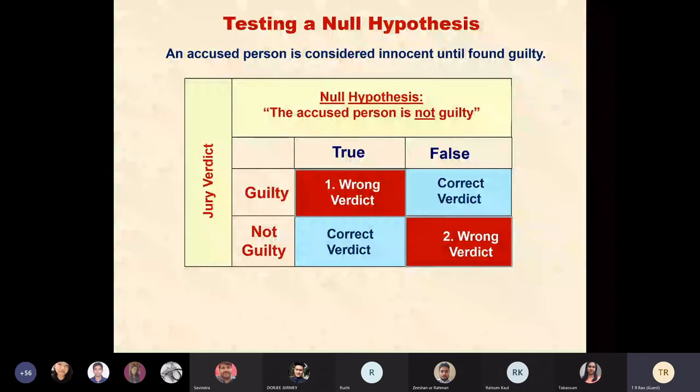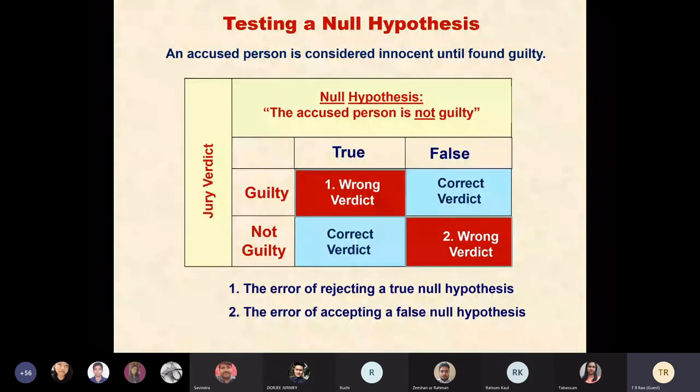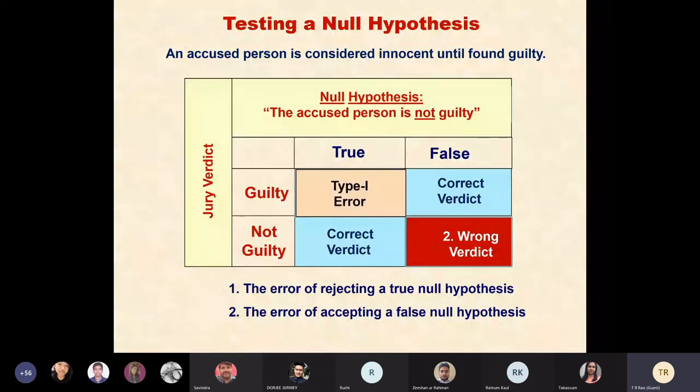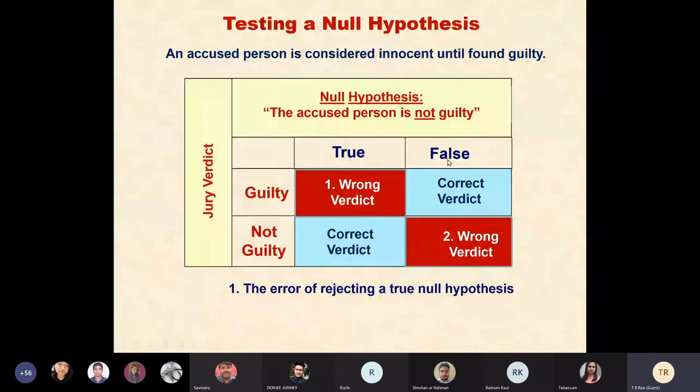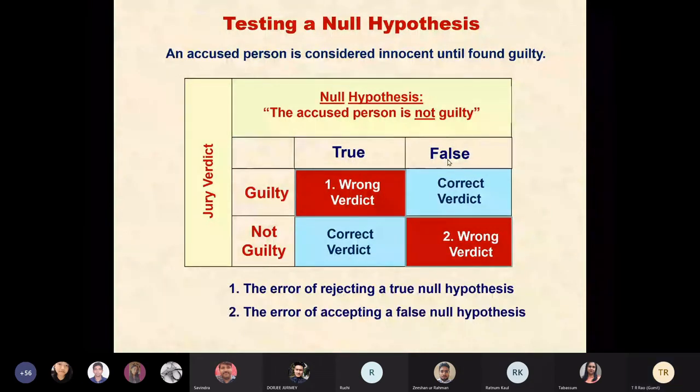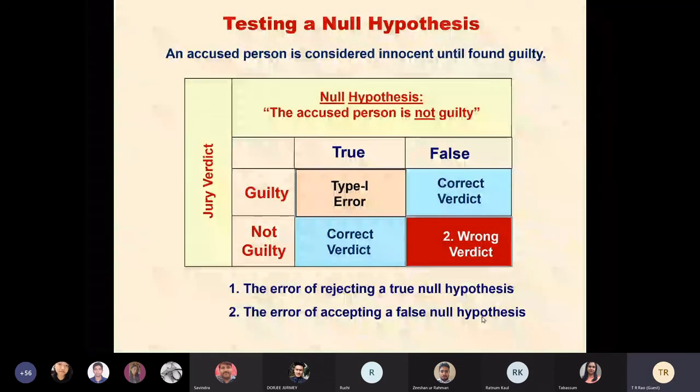These have names. The error of rejecting a true null hypothesis is called a type 1 error. Not because I mentioned this first, but it's invariably called the type 1 error. And the error of accepting a false null hypothesis is called a type 2 error.